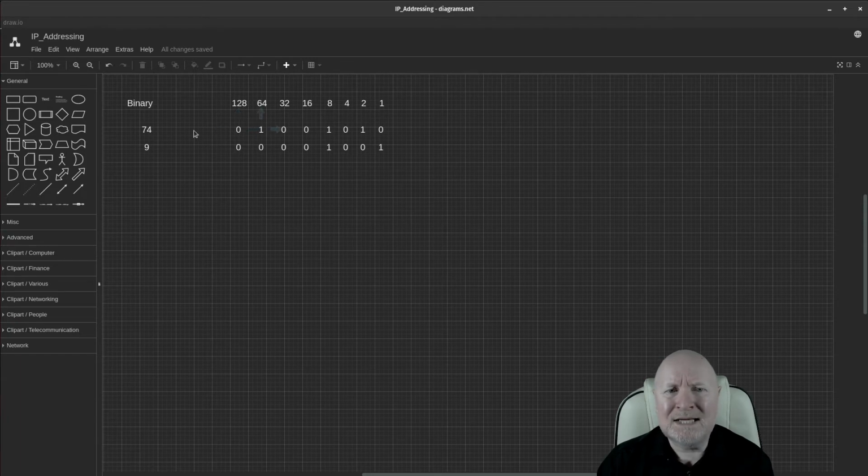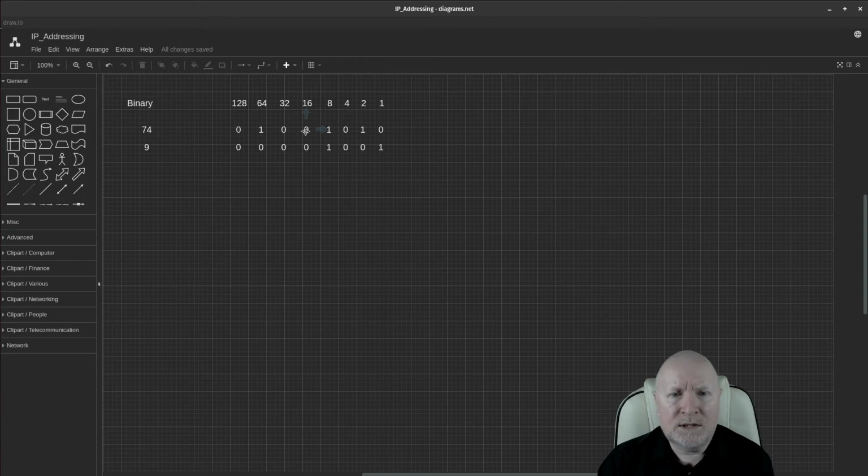64, on the other hand, is less than 74, so we can turn that bit on. If we go to the next bit, that has a value of 32, but 64 plus 32 would give us 96, so we can't enable that bit, so we set that to 0. It's the same with 16. If we had that bit and that bit, it would have a value of 80.